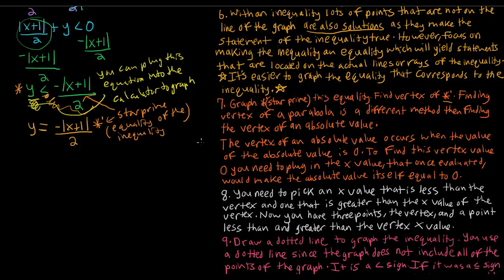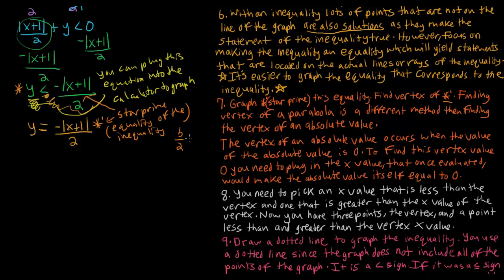Now, to solve this, we're pretty much just trying to find the vertex. So right here it says graph star prime, or graph this equality. Find vertex of star prime. Finding the vertex of a parabola is a different method than finding the vertex of an absolute value. Because with a parabola, you do something like b over 2.